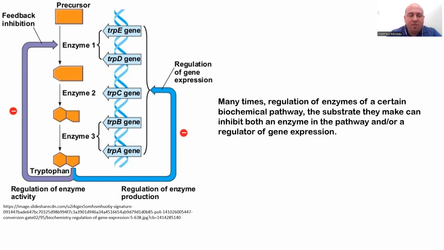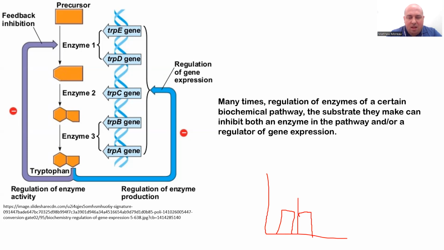But when you make tryptophan, tryptophan actually does two really cool things. So once again, here's how much I need. Once I get to here, this is how much I require.